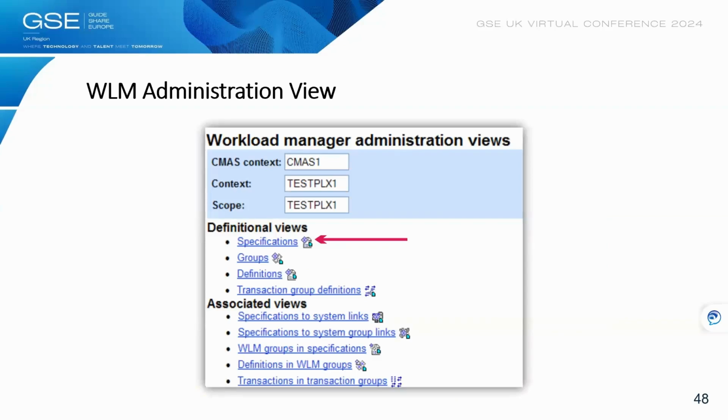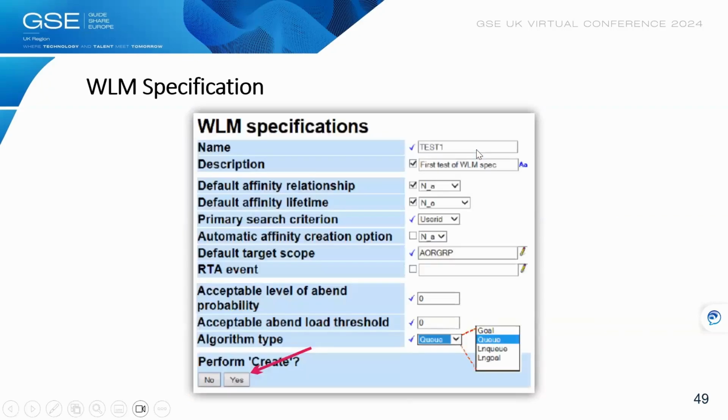So let's talk about exceptions in just a second, but first let's show you a specification. So here's me creating a specification, workload manager, and it has to be under the workload manager administration views. And effectively, what do you do in a specification? You really basically identify the target, right? So what we're going to see is we create a specification.